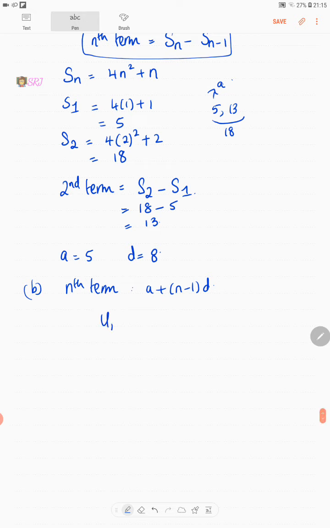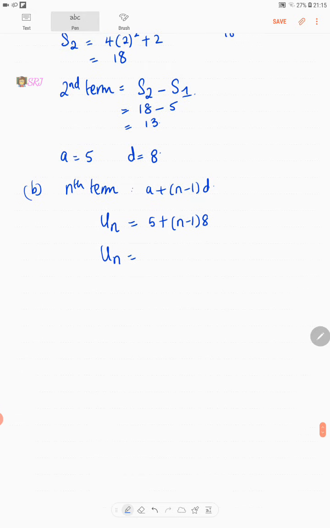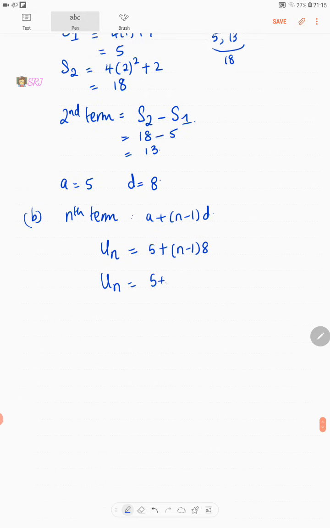So we can write Un as 5 plus (n minus 1) times 8. And we obtain an expression for the nth term: Un is equal to 5 plus 8n minus 8, which is 8n minus 3. So this is a general expression for the nth term.